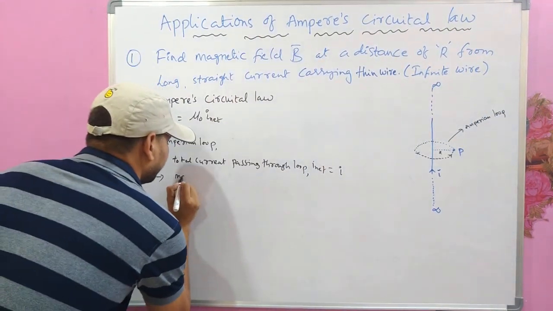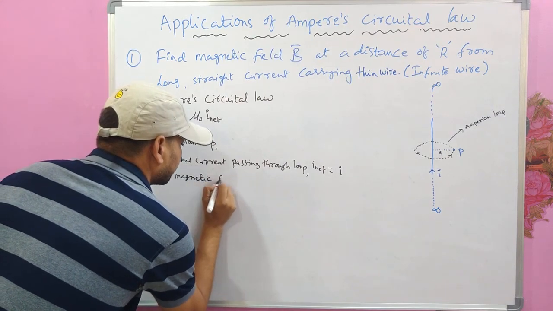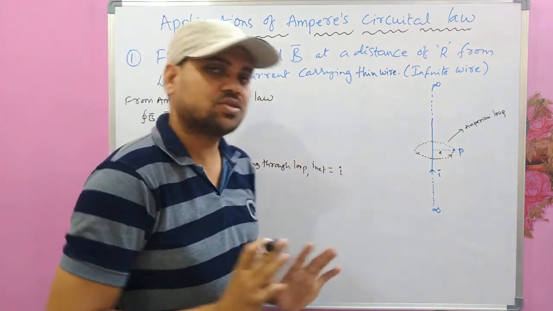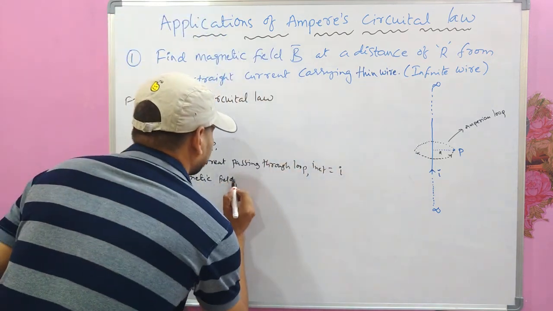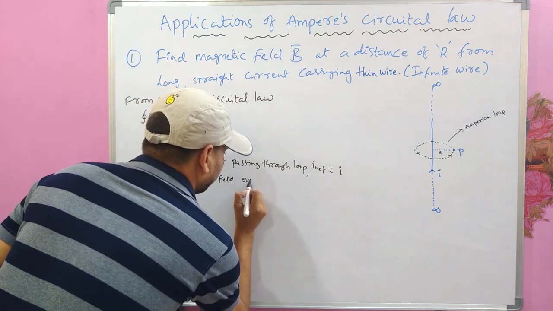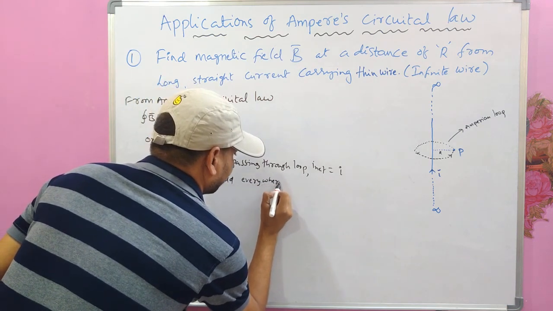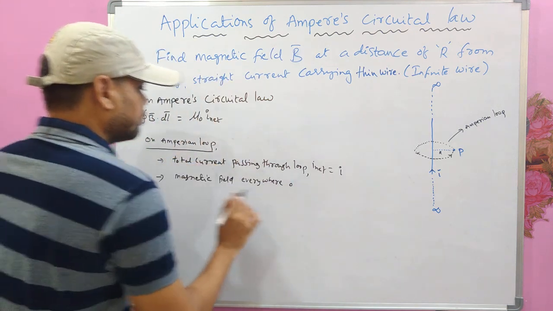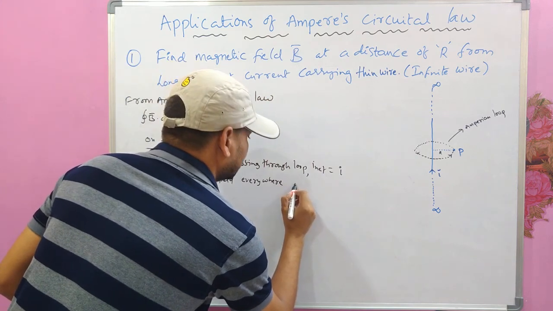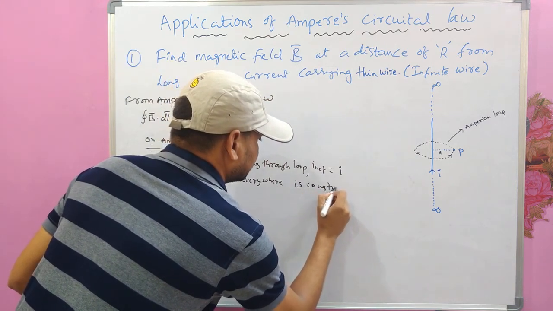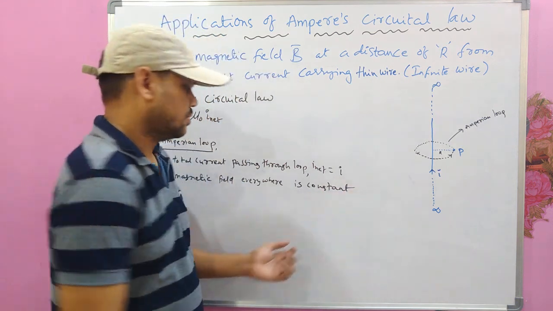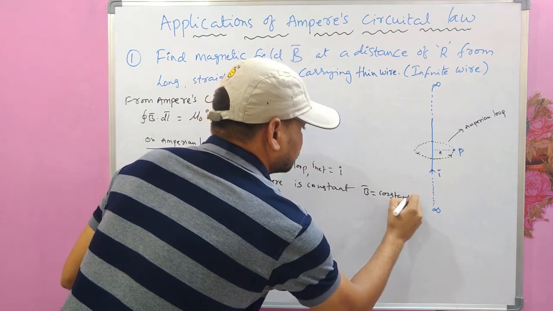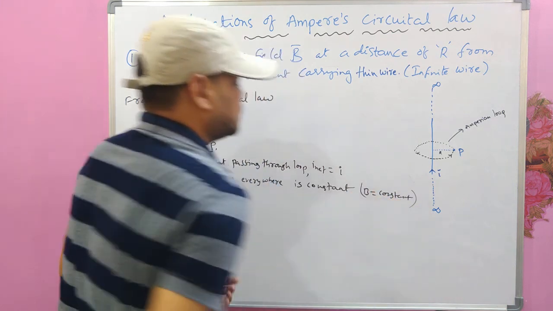We don't know how much as of now, but we can say that it is constant because it is equidistant from the wire. So the magnetic field everywhere on the Amperian loop is constant, that is B is equal to constant in magnitude.